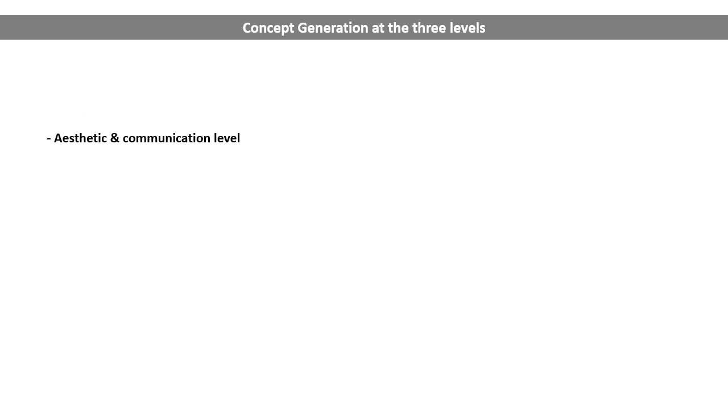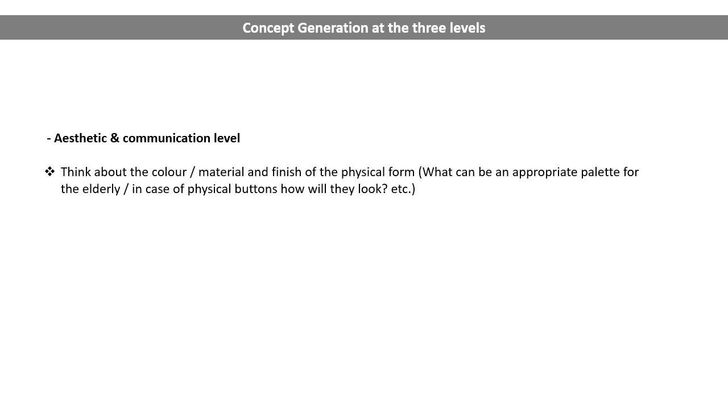Then we come to the aesthetic and communication level. Here, ideation means thinking about the color, material and finish of the physical form. You should think about what the appropriate palette for the elderly is, and also details like physical buttons on the device and how they will look.